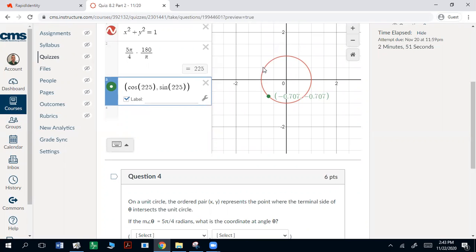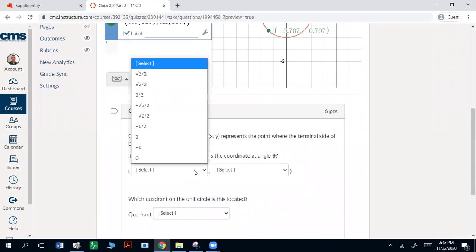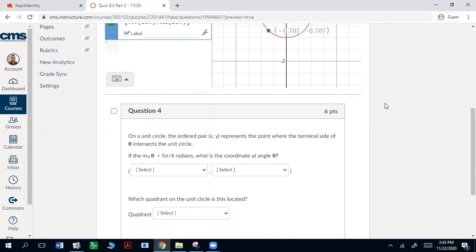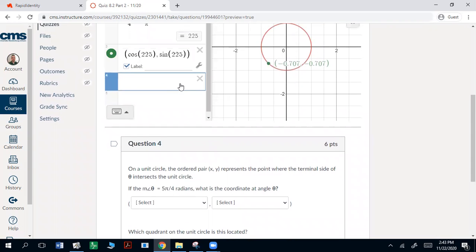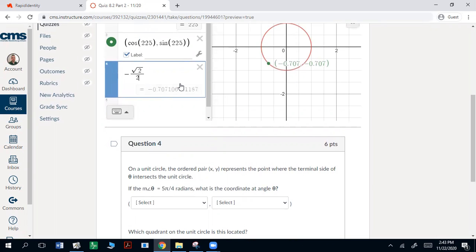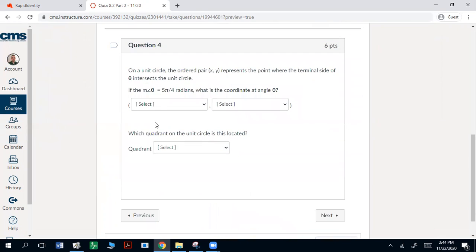This is 90, 180, 270. Halfway between there is 225. Notice that they're both the same, quadrant 3. So they're both going to be the negative square root of 2 over 2. That's in quadrant 3.